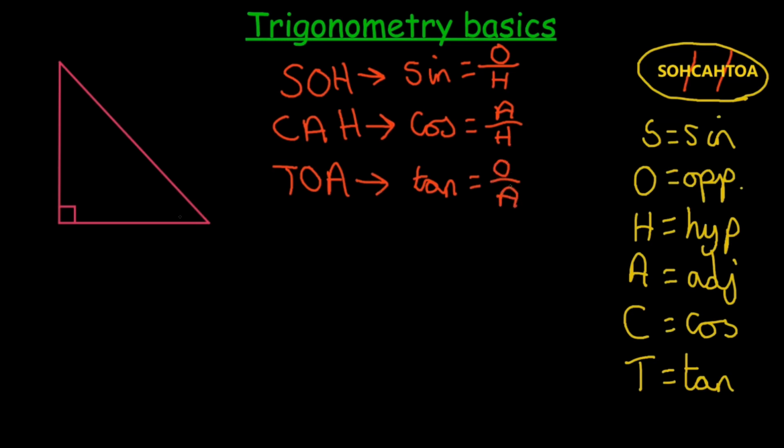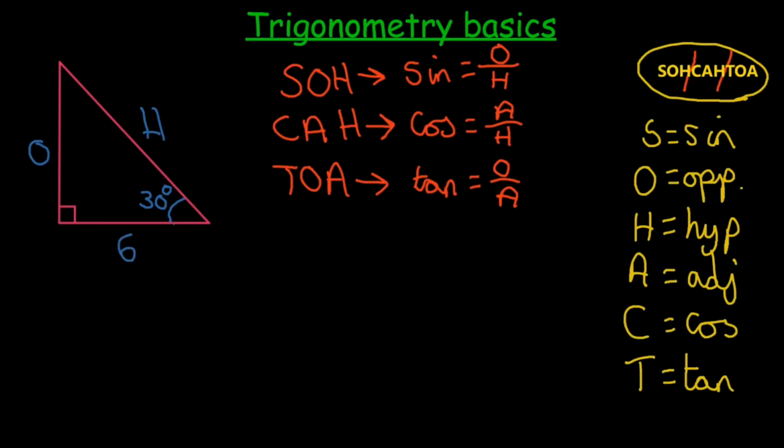If we have an angle here, let's say it's 30 degrees, then this is the opposite, this is the adjacent, and this is the hypotenuse, of course. Let's say we know the adjacent. The adjacent is 6 units.